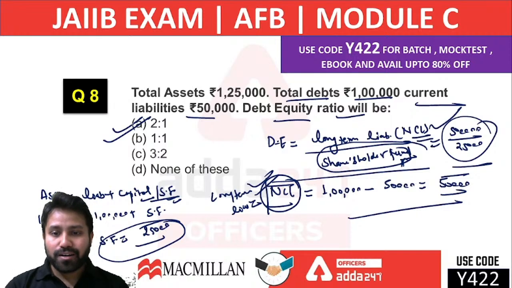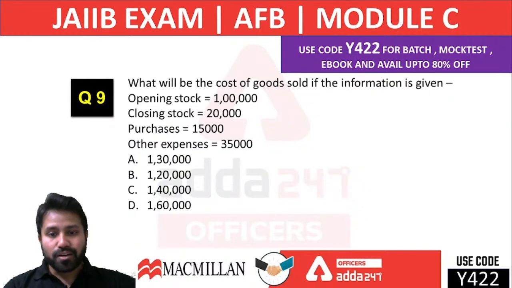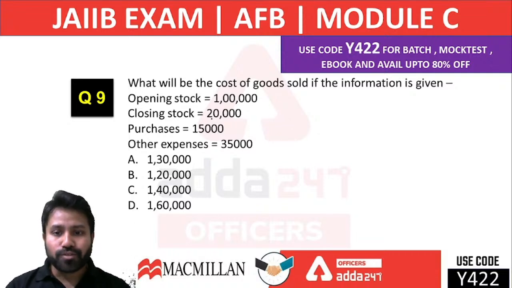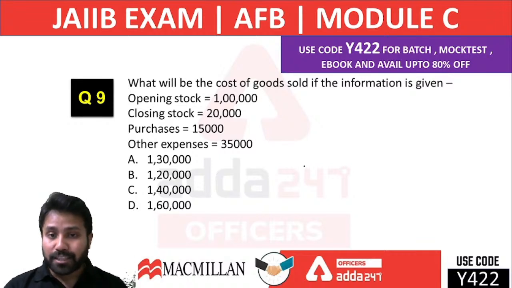Okay, now the next question: we have to calculate the cost of goods sold, and all the information is provided to you. Opening stock is given, closing stock is given, purchases are given, and the other expenses are also given. So how to calculate this?